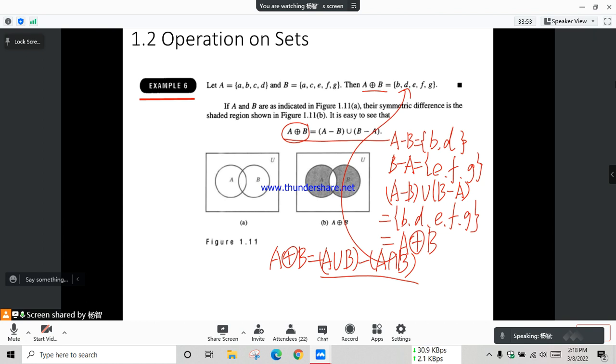Okay, we can have a test using this example 6. A union B. Give me the answer. What's the result of A union B? A, B, C, D, E, F, G. Okay, and the intersection of A and B is what?